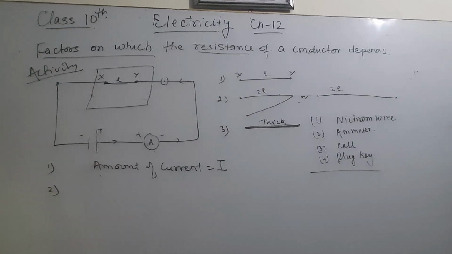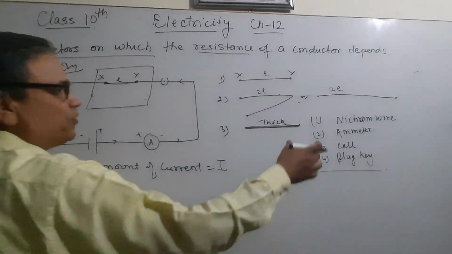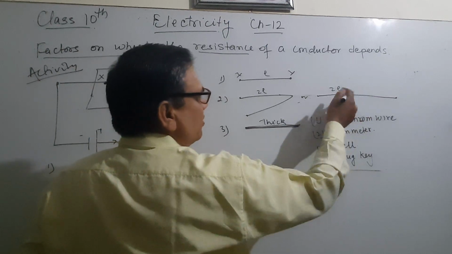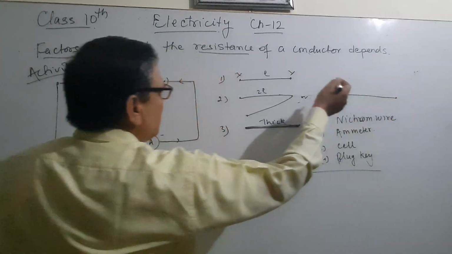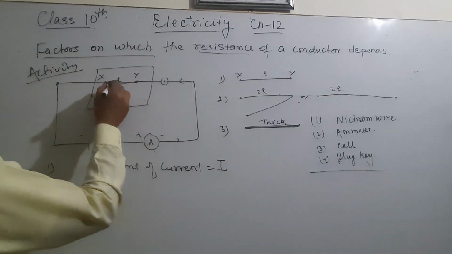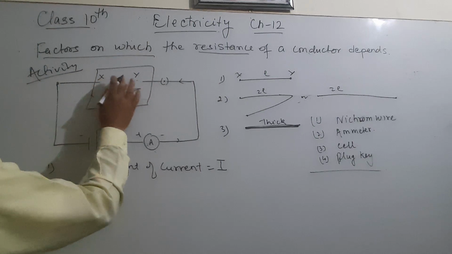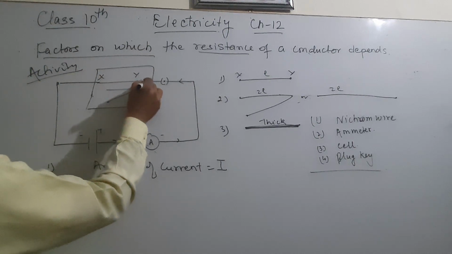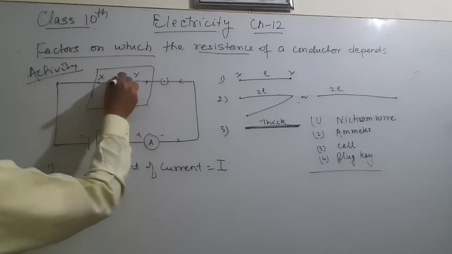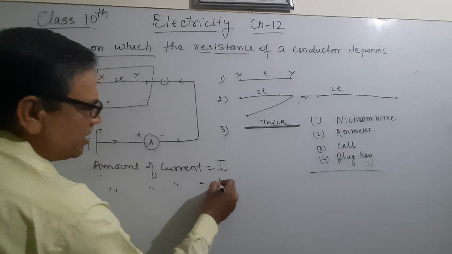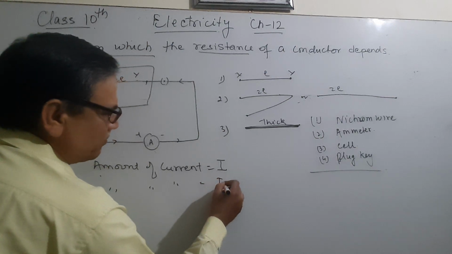Second case: if we put a second wire of length 2L, double of it, the length is double. Then it again shows an amount of current, and that is I1.